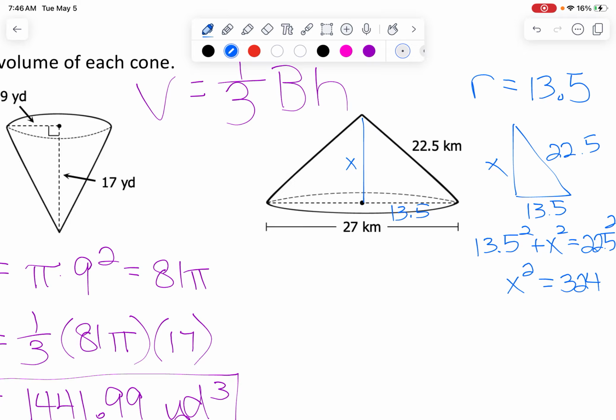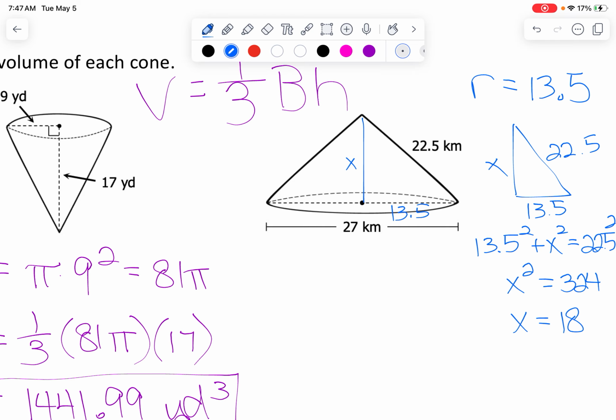And then if you take the square root of that, it's 18, right? Just make sure, yeah, 18. So my height in this cone is 18.